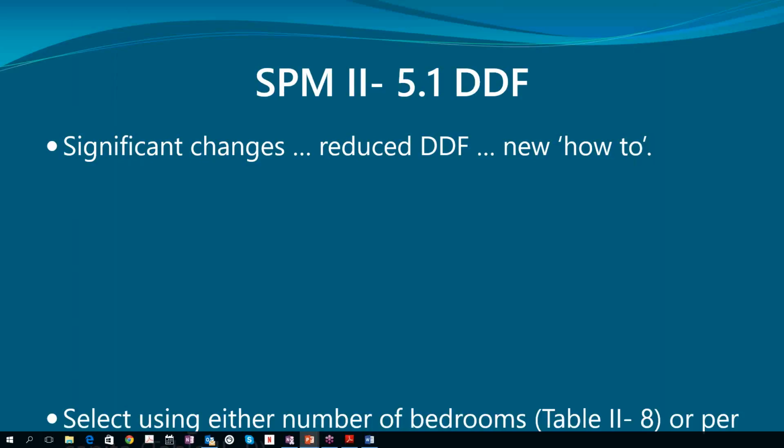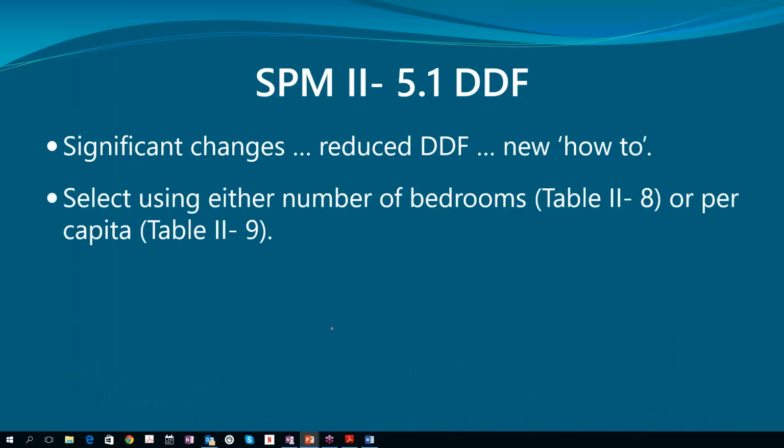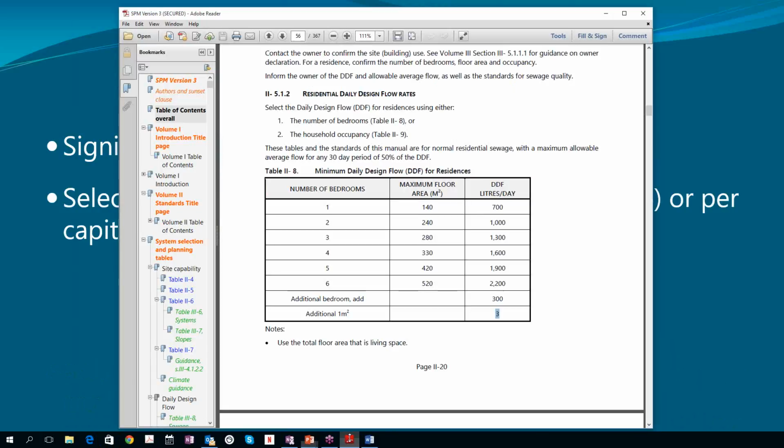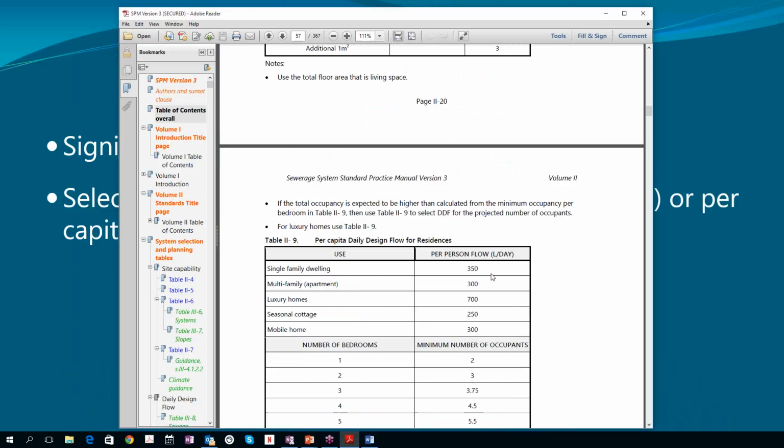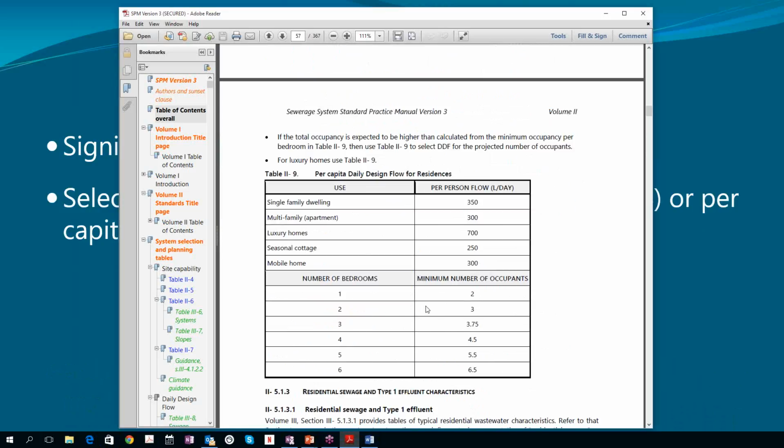The application is based on number of bedrooms or per capita meaning occupancy, so 2 different tables. So first we base it on bedrooms, has nothing to do with how many fixtures or toilets or anything like that. It is based on the number of bedrooms, and then the two-pronged approach is an occupancy check.